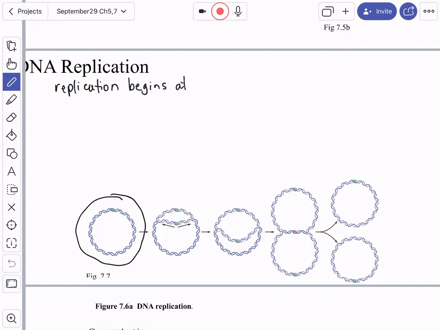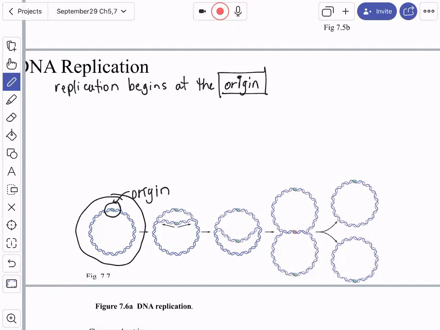And it's a spot called the origin. Okay, so this little green box here, that is supposed to be the origin.